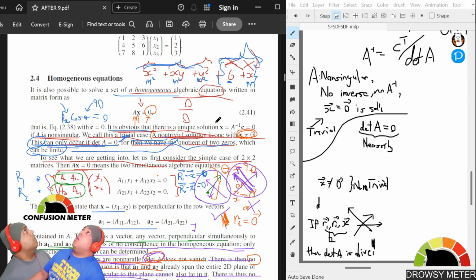It's obvious that there is a unique solution where x is equal to 0 if A is invertible. We call this a trivial case.